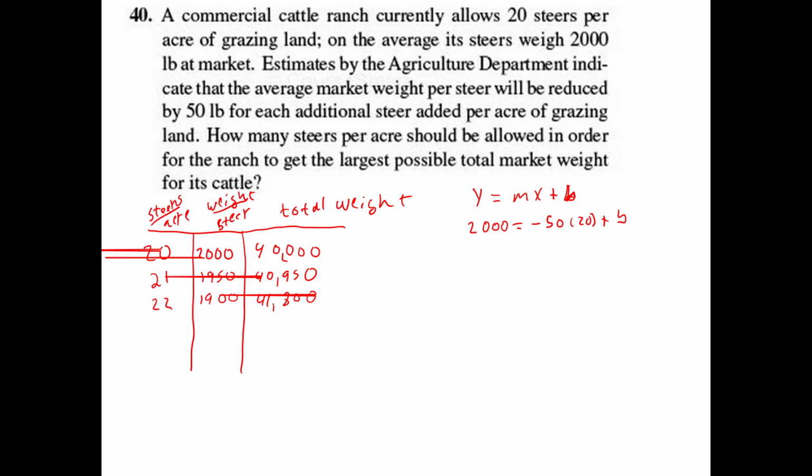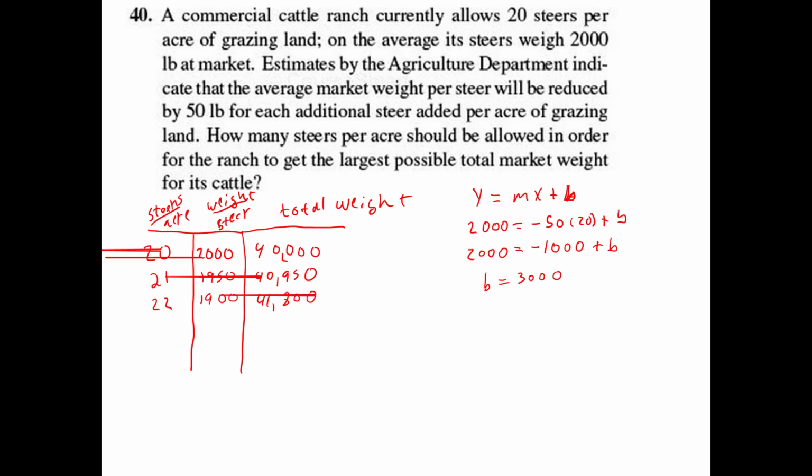So negative 50 times 20 is negative, 5 times 2 is 10, and then you throw in a couple of zeros, negative 1,000 plus b. So then you add that to your 2,000, and so then your b is 3,000. Completely nonsense. It says that if you have no steers, the average weight per steer is 3,000, but that's not important, right?